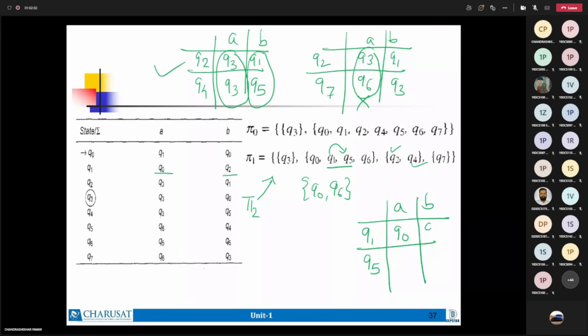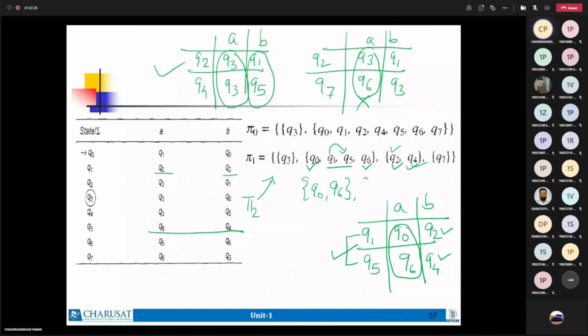Q5 goes to Q0 and Q6, so Q0 and Q6 are within one set. Q2 and Q4 are within one set. So obviously they are equivalent.